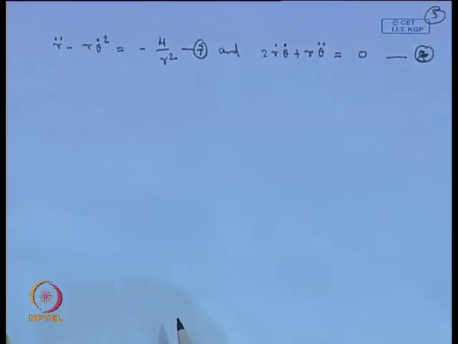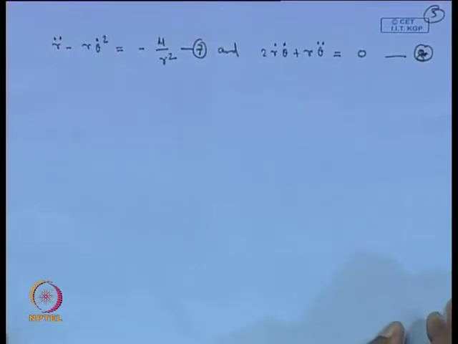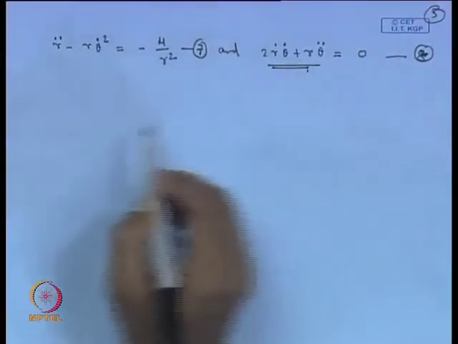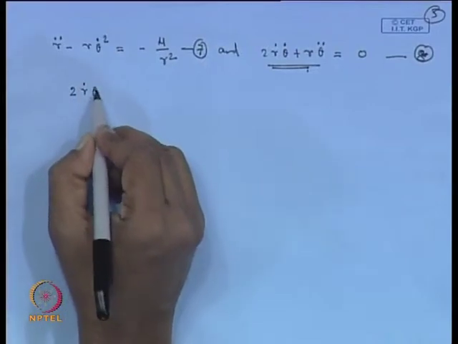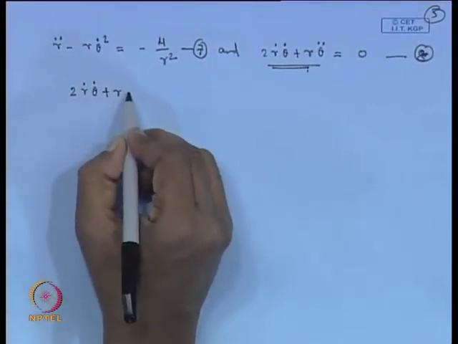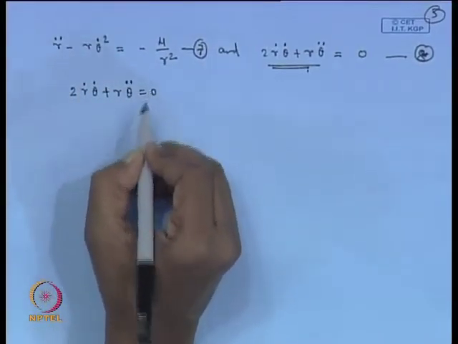So, now after this simplification, we can further explore this equation. Okay. So, let us take this equation 2 r dot theta dot plus r times theta double dot equal to 0.